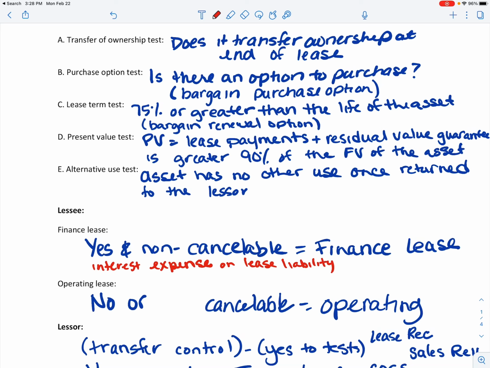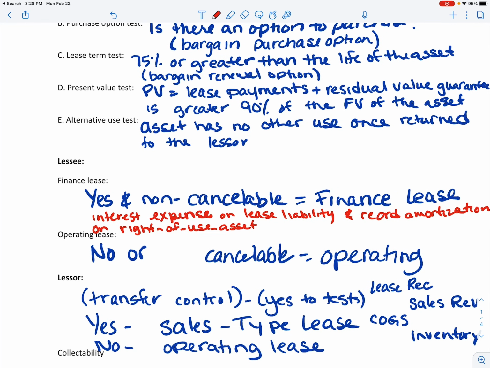We're going to use that effective interest method, and we're going to record an amortization expense on this right of use asset. And that's going to go on your income statement.